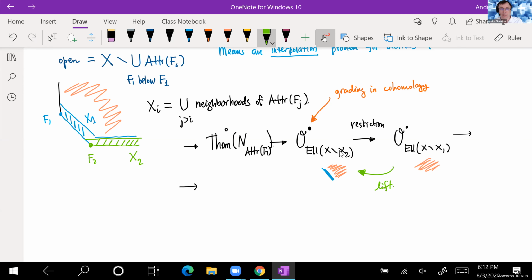We have a map of a line bundle, we restrict it to some subset, and we'd like to invert that. The inversion of restriction of a function is interpolation. And the key to solving that problem, by the long exact sequence, is that you'd like the cohomology here to vanish.